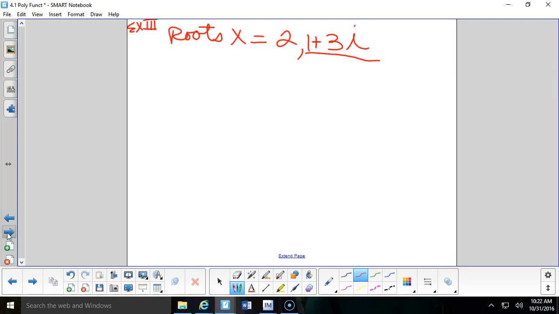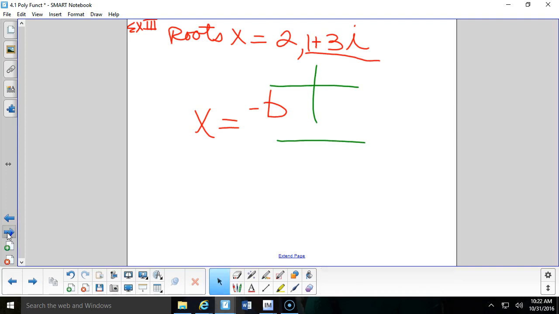Let's say the quadratic formula again. x is equal to the opposite of b plus or minus. So when I do the quadratic formula and I get a plus or minus in there, if the stuff underneath the square root is negative, that means I'm going to have a positive i thing, and I'm going to have a negative i thing.